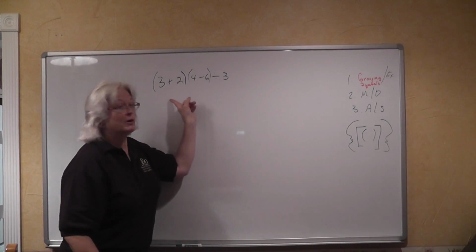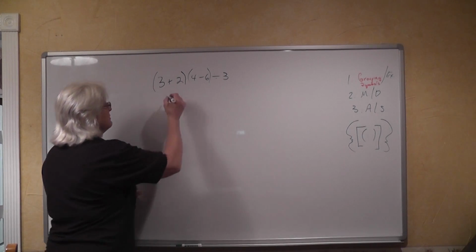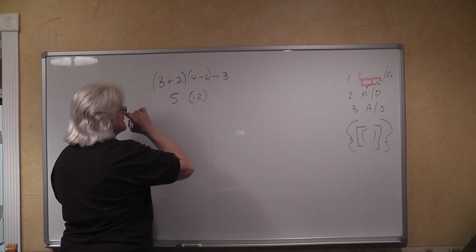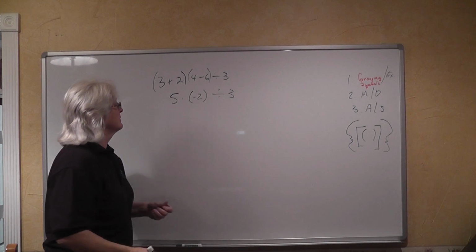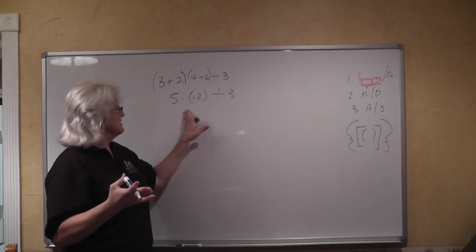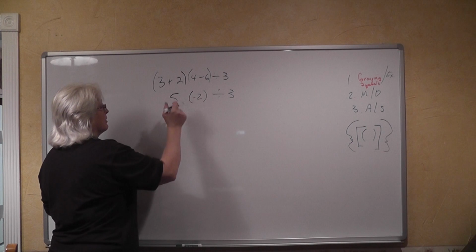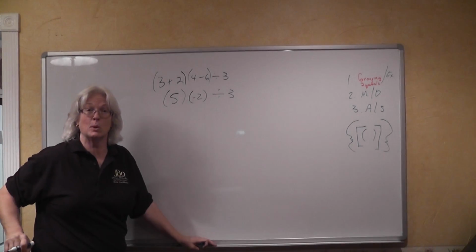You obey them first. So here, if we solve this, 3 plus 2 is 5, times 4 minus 6 is a negative 2, divided by 3. I only have the parentheses in there to illustrate that we're doing the multiplication. I would probably myself show 5 times a negative 2 this way.